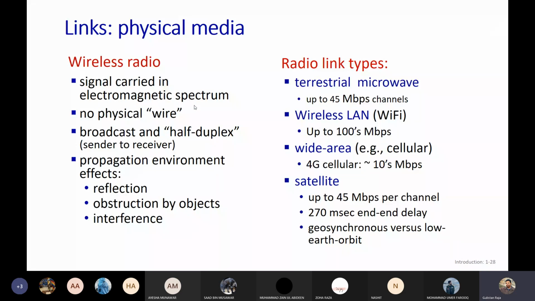Sir, I don't know what half duplex is, please tell me. Half duplex means communication can be done on both sides, from sender to receiver and receiver to sender, but only in one direction at the same time, right? Half duplex means one direction at a time. Communication can happen from A to B and B to A, but at the same time only in one direction.